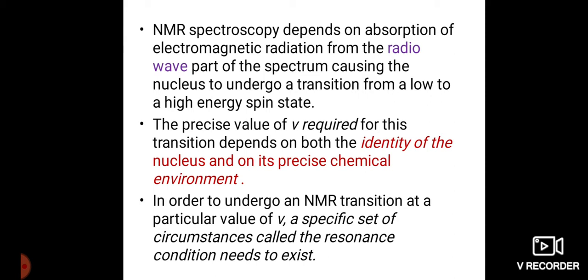For example, whether that nitrogen is in the form of NH2 or NH3, is it in an amino acid structure or an amine structure, how many other atoms are linked, and how that nitrogen is linked with all the other atoms. All these environmental aspects also affect the frequency of the radiation which is going to get absorbed by the nucleus.